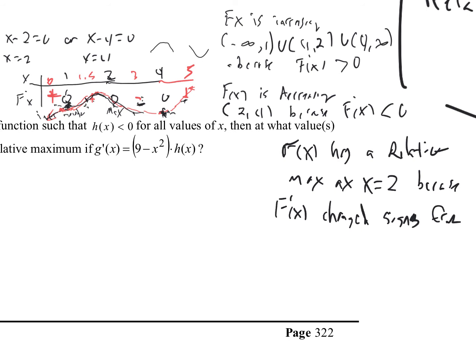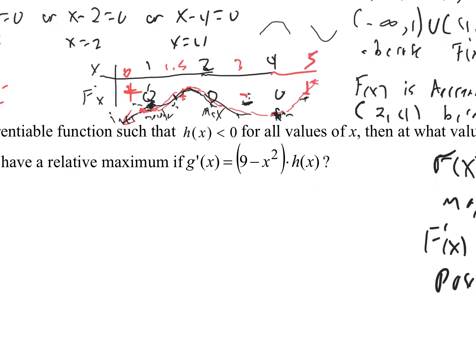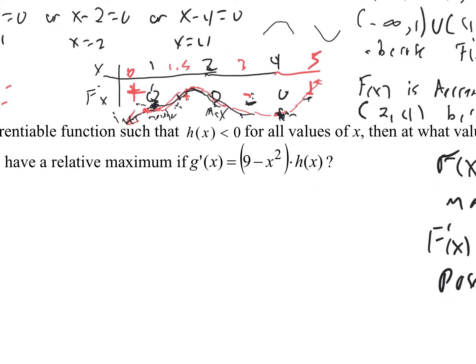If it's a max, it went from positive to negative. Let's see, did it do that? Yeah. It was positive here, and it was positive in this interval until it gets to the 0 here. And that's why I called it a max, because it went up, then it went back down. It went down to negative.